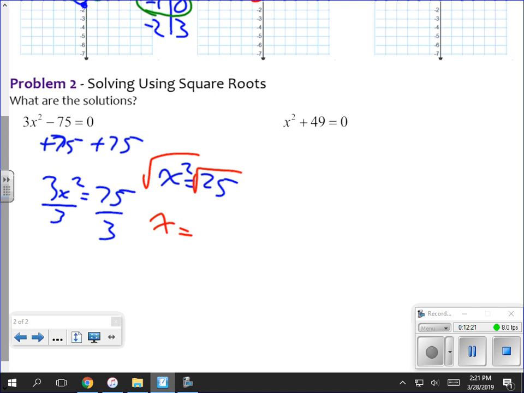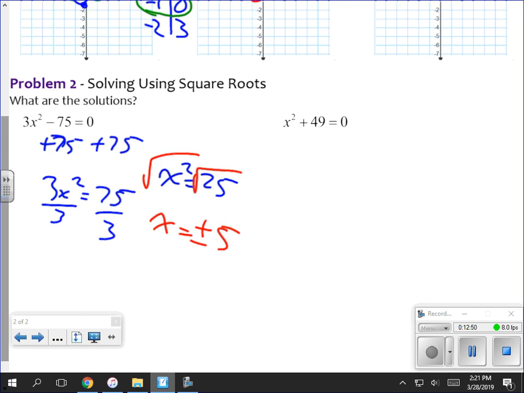Plus and minus 5. We have to consider both the positive and negatives when we take our square roots for our answers. Because 5 squared will give me 25, and negative 5 squared will give me 25. So it's plus and minus 5. And if you don't give me both the plus and the minus, you're going to lose points. Okay? Because both of them work.